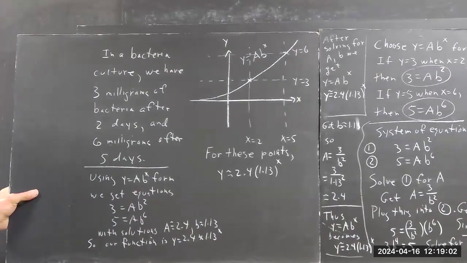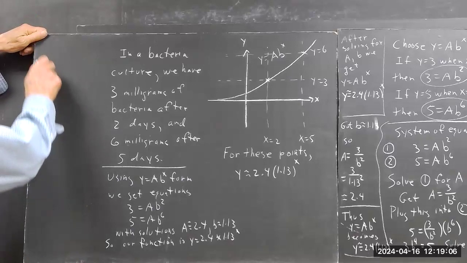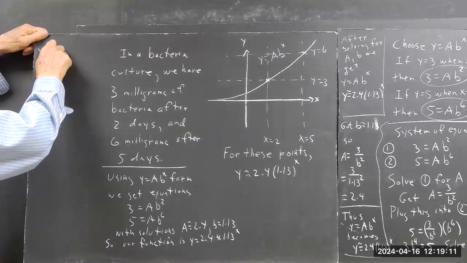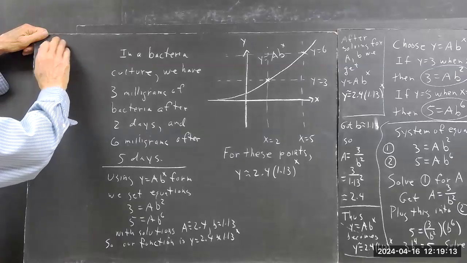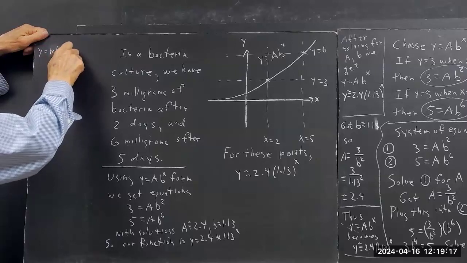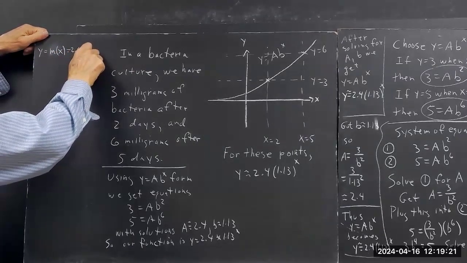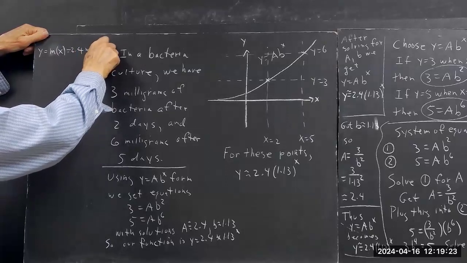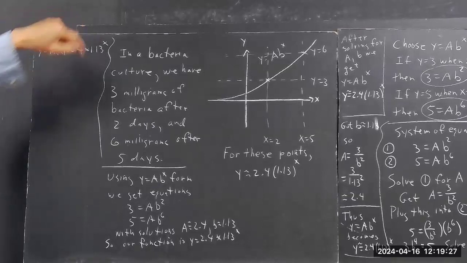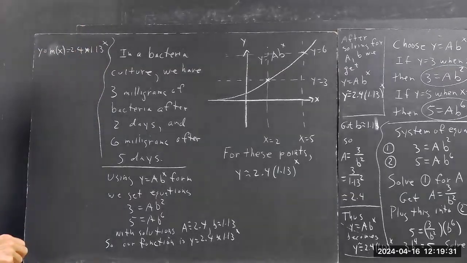The function is this. So we can say y equals m of x equals 2.4 multiplied by 1.13 to the x.